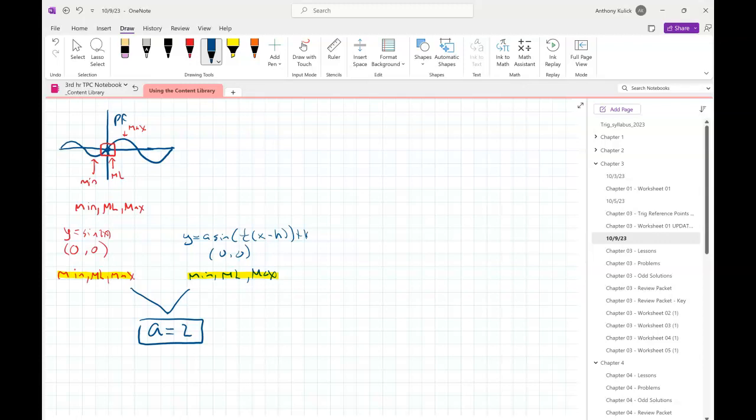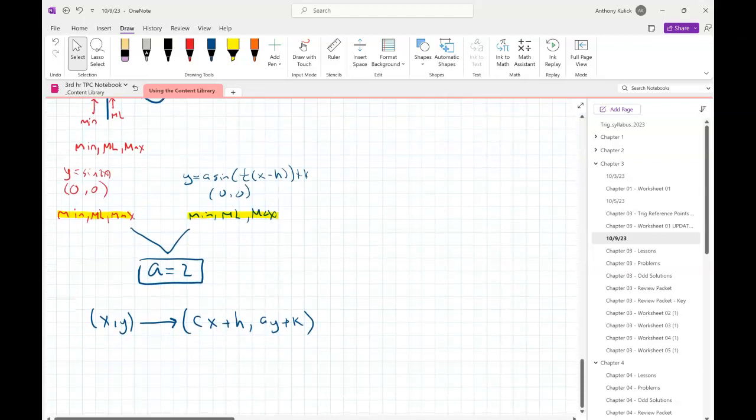And now I remember from graphing that I can take any point from the parent function and transform it to a point on the resultant function by doing cx plus h, ay plus k.